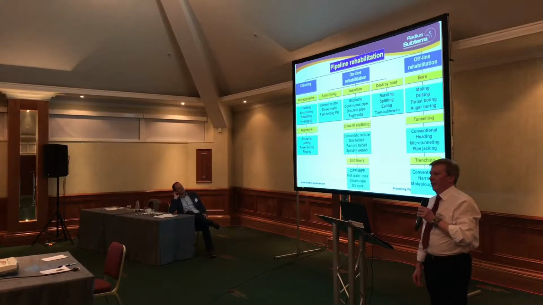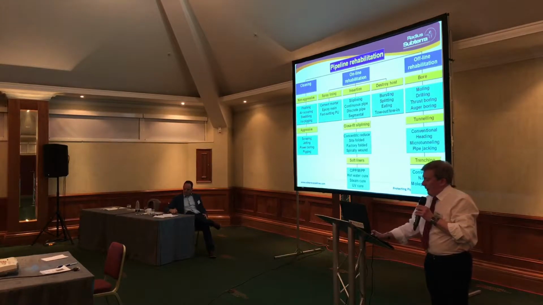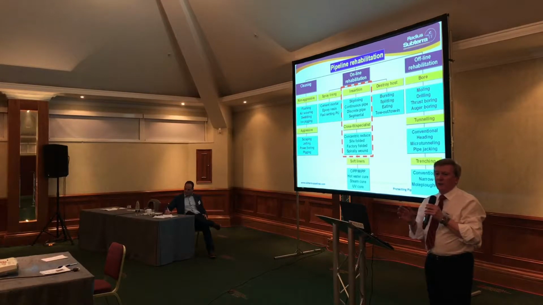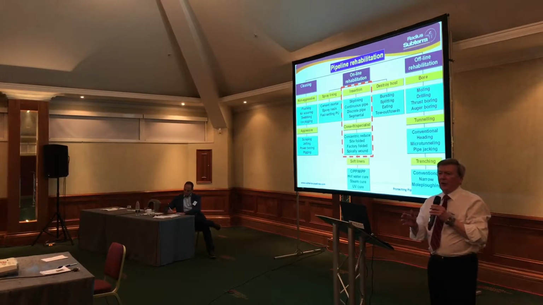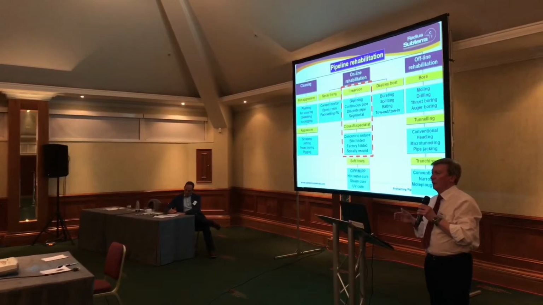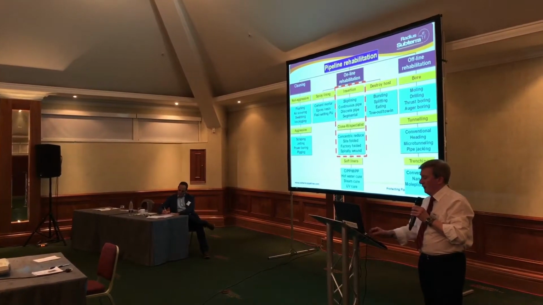the place of PE pipelining within the wider context of pipeline rehabilitation. This forms part of the family of insertion lining systems, so we're essentially talking about using an existing host pipe which you're going to put some sort of liner pipe into.